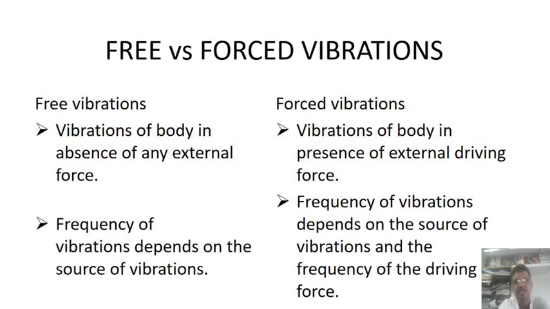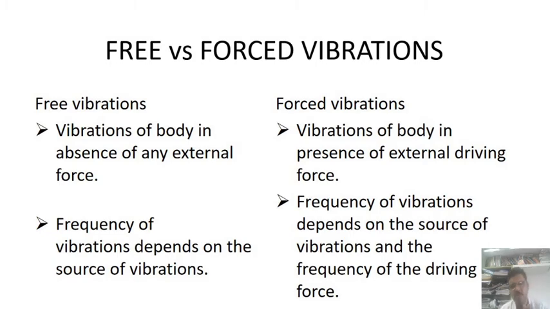Next, we are comparing the differences between forced and free vibrations. Free vibrations are vibrations of a body in the absence of any external force. Forced vibrations are vibrations of a body in the presence of an external driving force. For free vibration, the frequency depends on the source of vibrations.